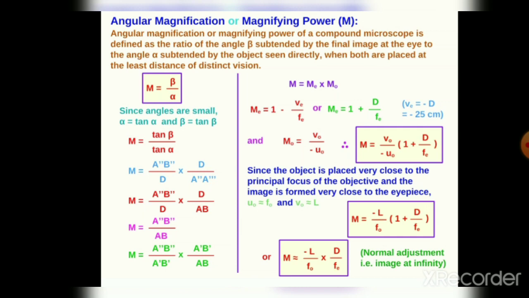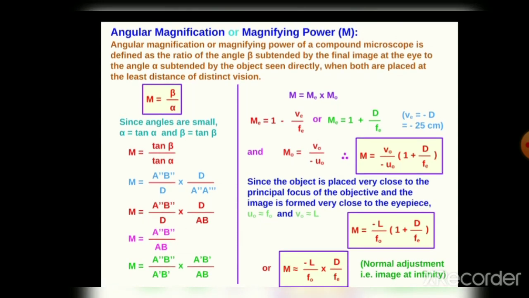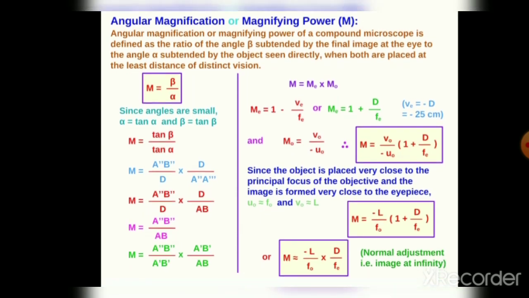Now the image is obtained by the eyepiece at a very large distance. Its magnification can be obtained by the equation m is equal to D upon f, where f is equal to fe, the focal length of the eyepiece.